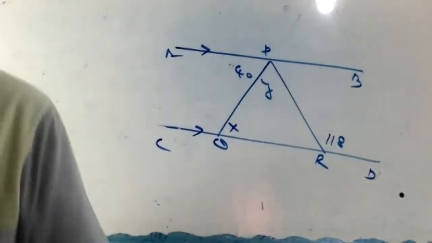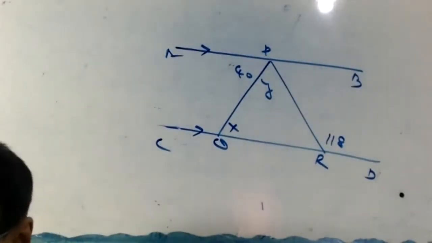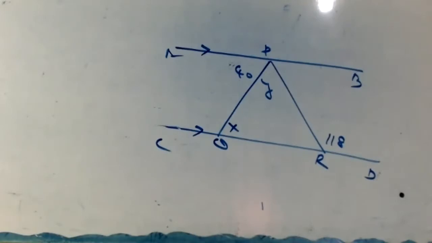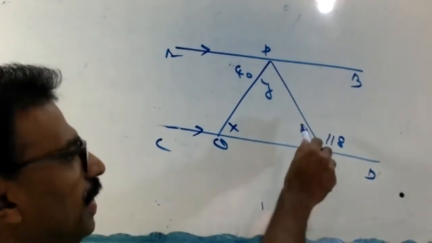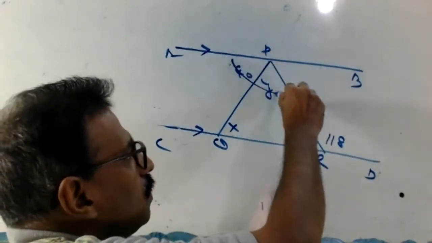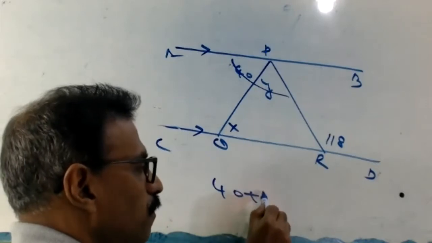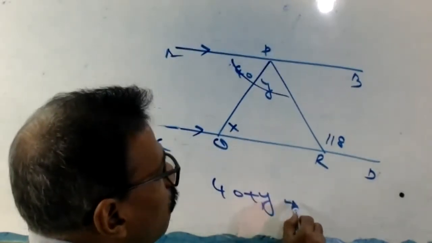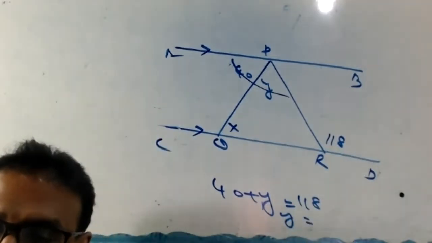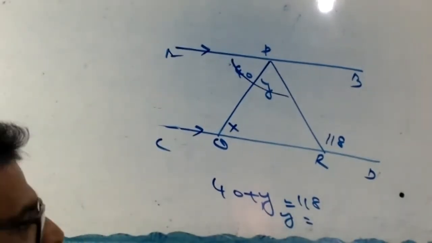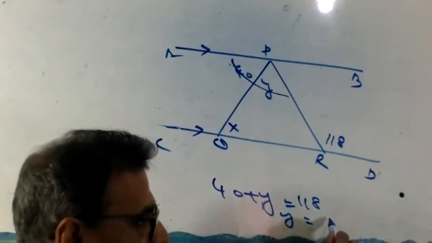Okay, finish. Okay, here, look at here. 40 plus Y equal to 118. So Y how much? 70? 78. Yeah, 78.